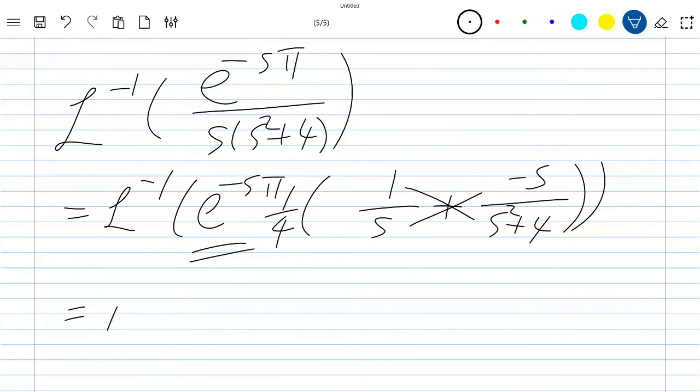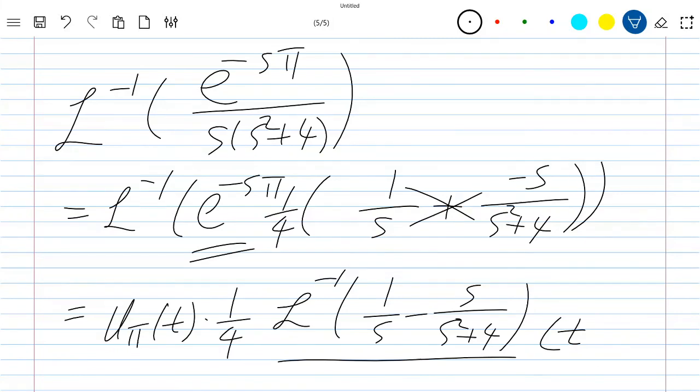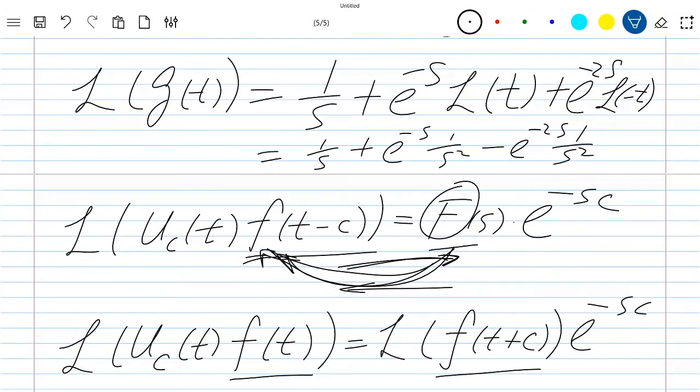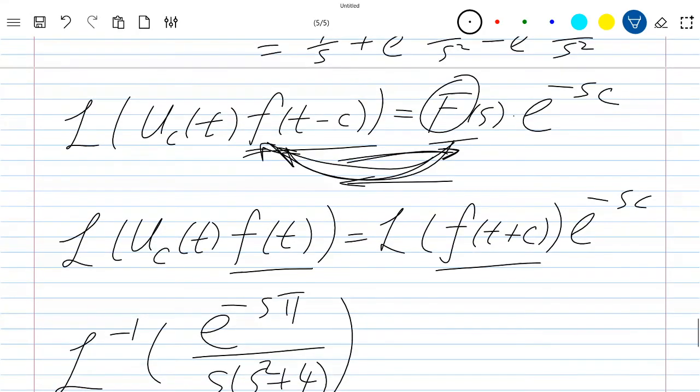This means you have u pi, and you have 1/4. Then you do the inverse transform of this guy, 1 over s minus s over s squared plus 4. But that will give you a function of t, right? You have to replace t by t minus pi, because you have to shift it to the right by pi, by c.